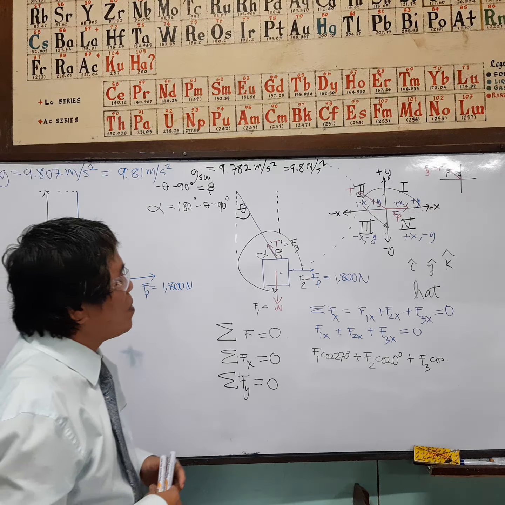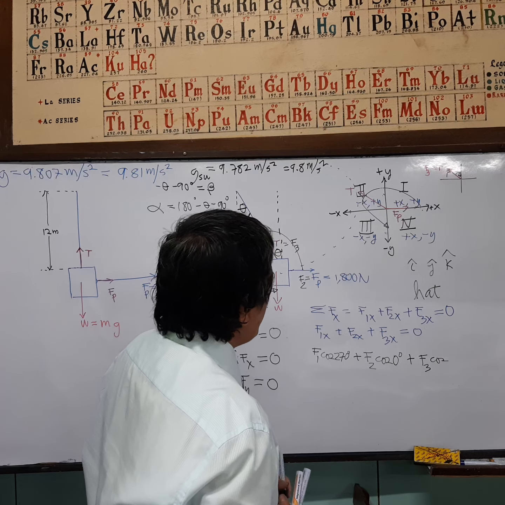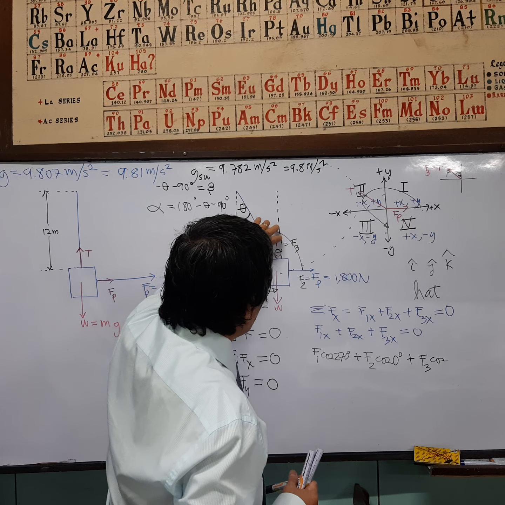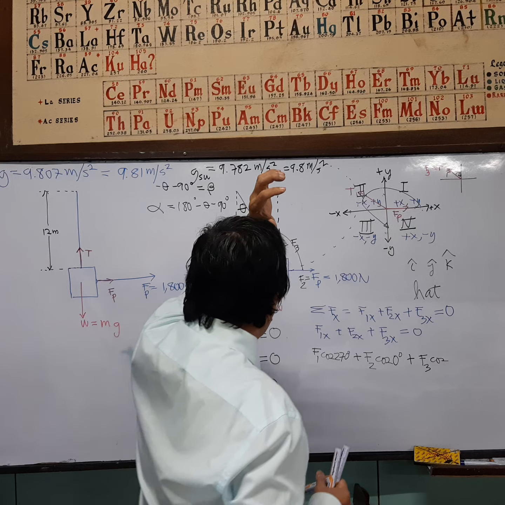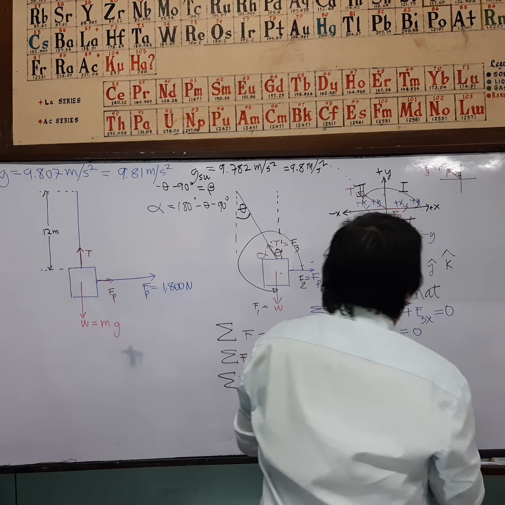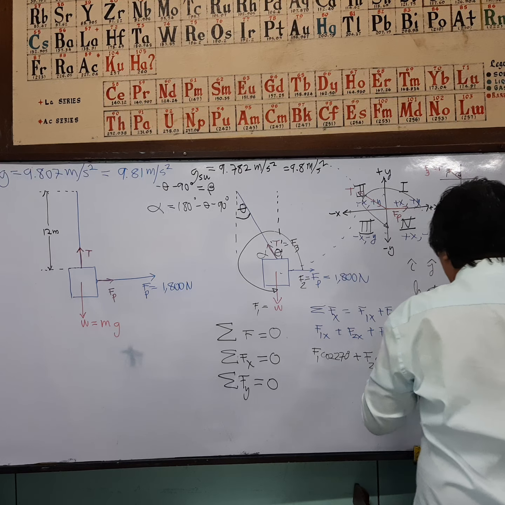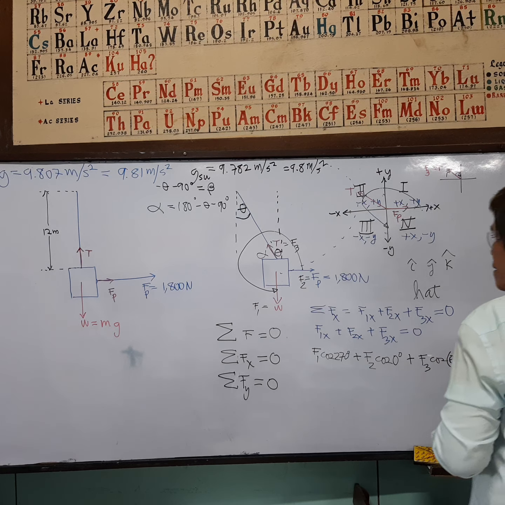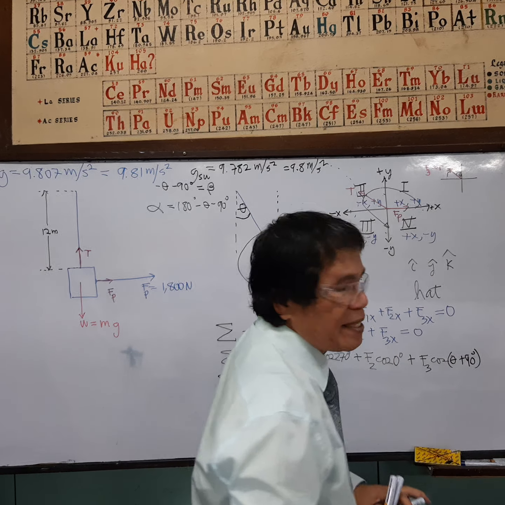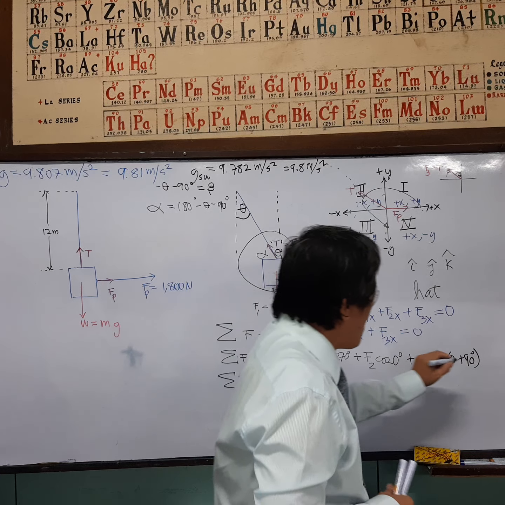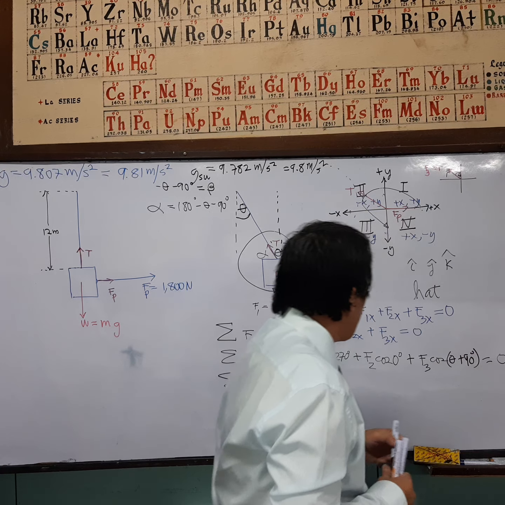Another approach is that you can focus here. This one is cosine of theta plus 90 degrees. By the way, this is equal to 0.